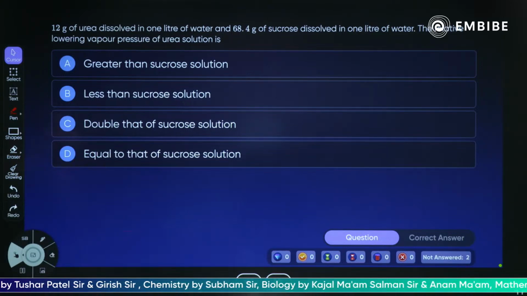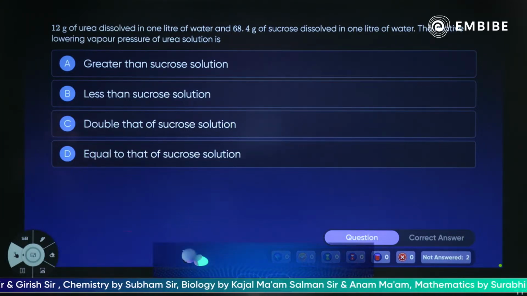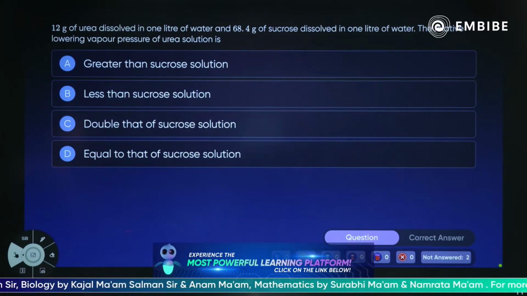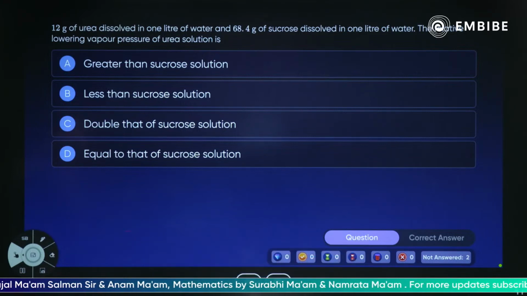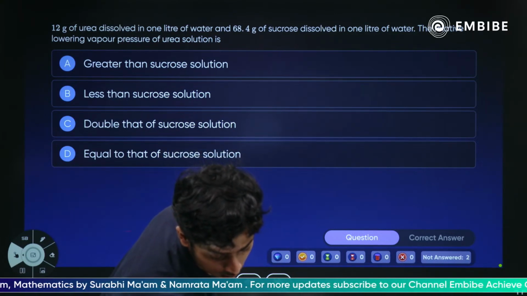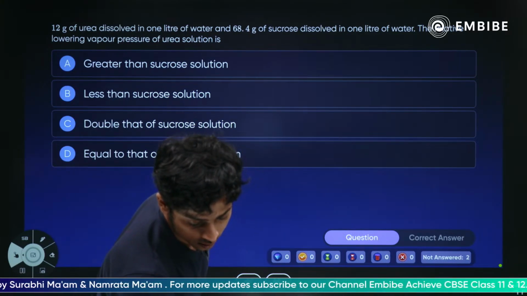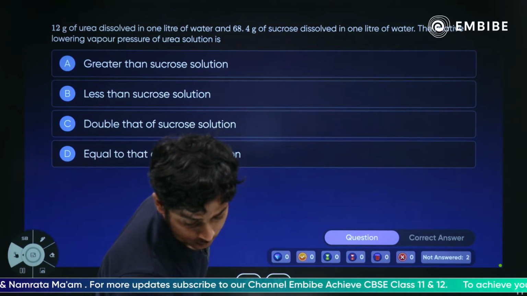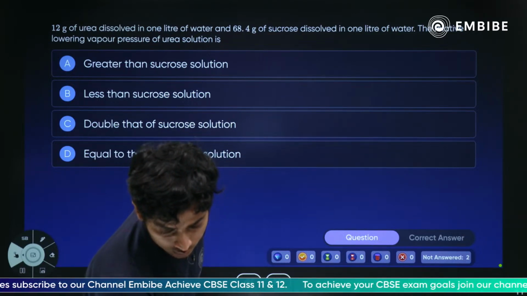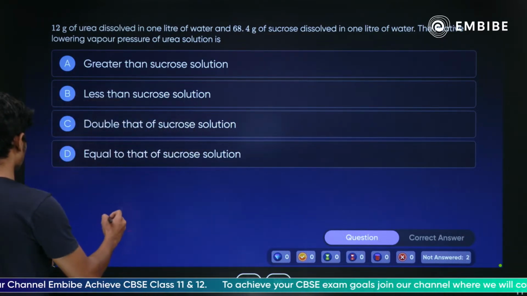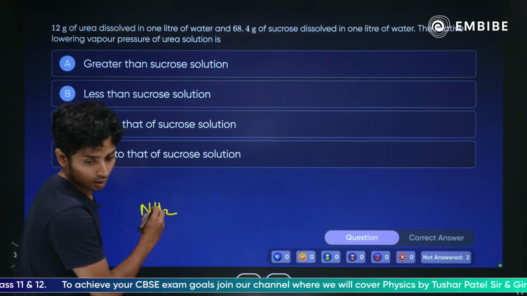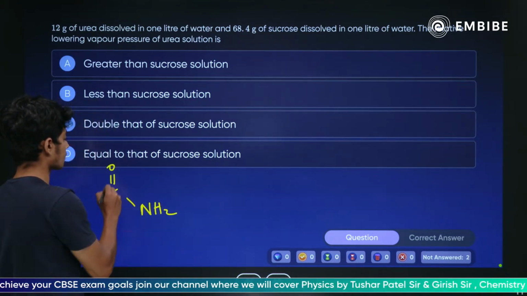So guys, you will have to solve a question here. 12 gram of urea dissolved in 1 liter of water and 68.4 gram of sucrose dissolved in 1 liter of water. Urea is NH2 C double bond O NH2.